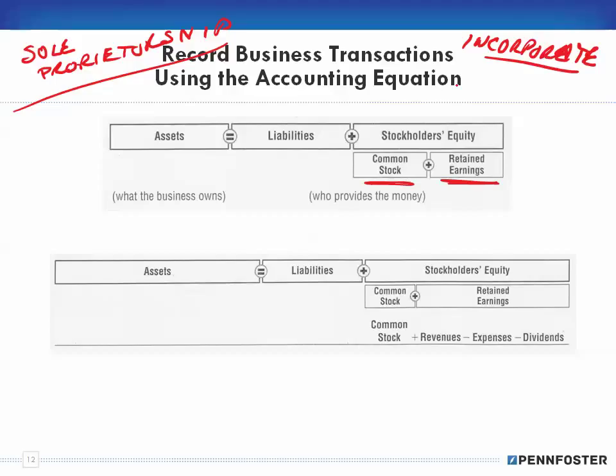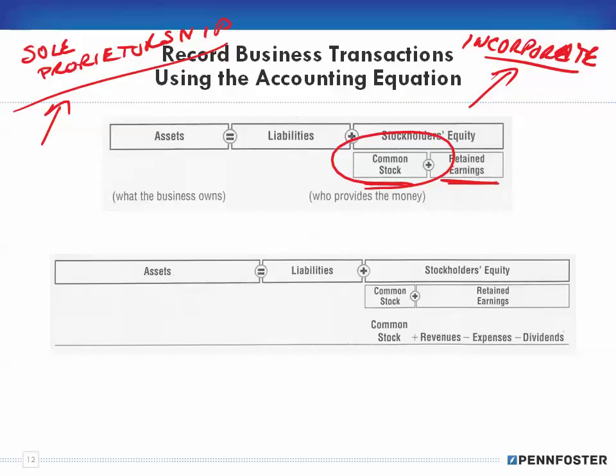I don't know if that's the best thing in the world, but it's done because it's easy to backtrack and talk about sole proprietorships. It's not as easy to go from a sole proprietorship to a corporation, because if I'm referencing everything as a sole proprietorship, I can't deal with the issuance of stock, whereas stock is created because a business becomes incorporated.